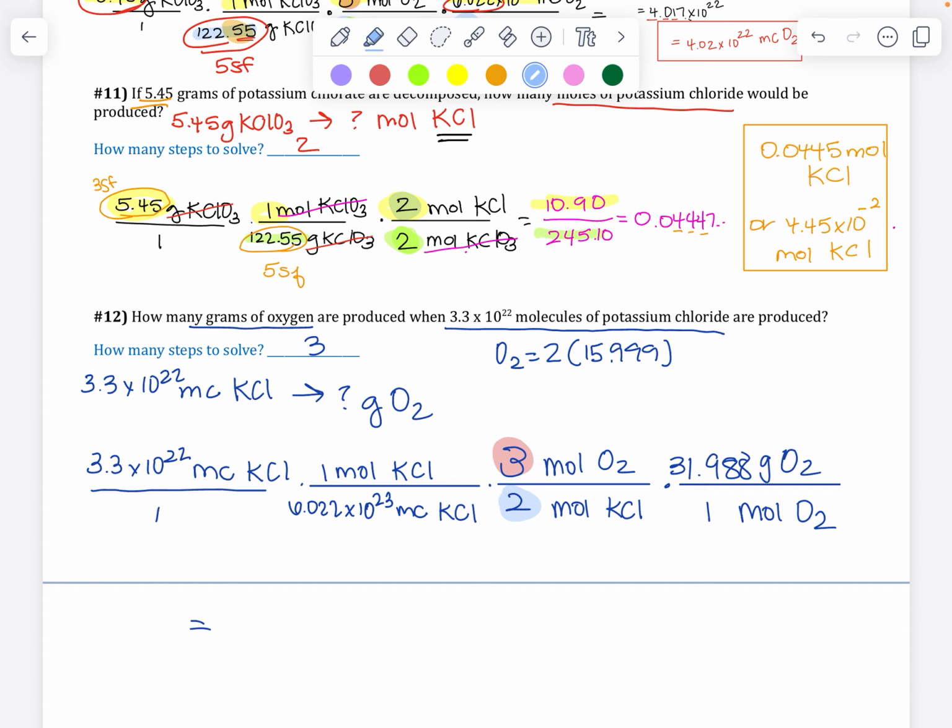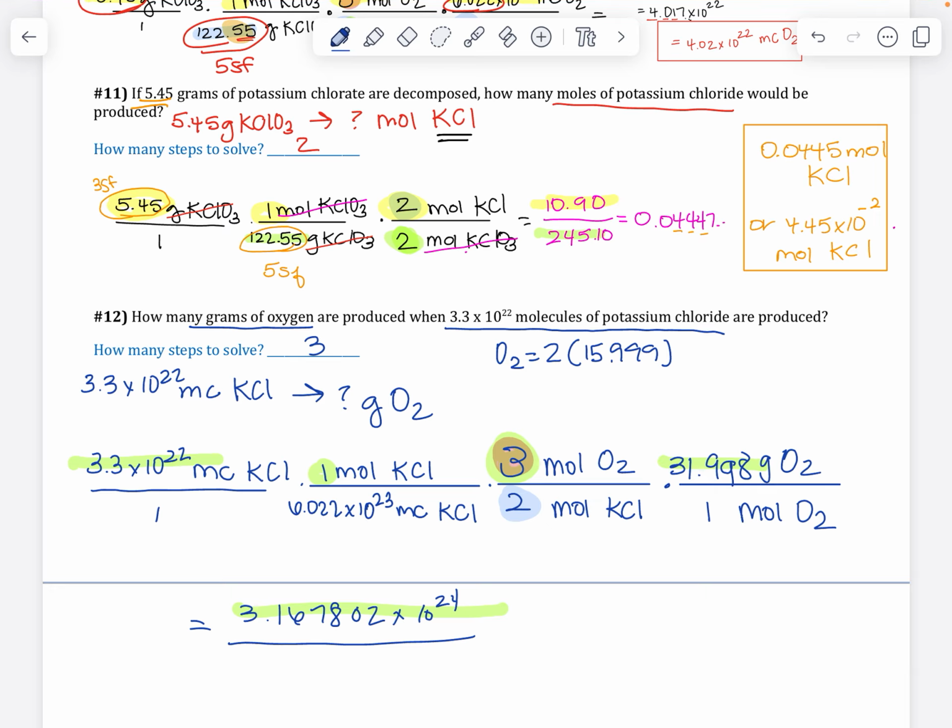3.3 times 10 to the 22 times 1 times 3 times 31.998. I wrote this down wrong. And then we get 3.167802 times 10 to the 24th. I'm going to divide that by everything in the denominator.